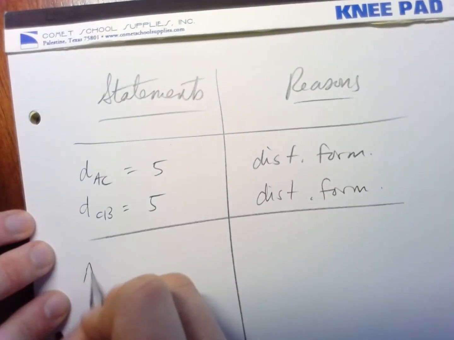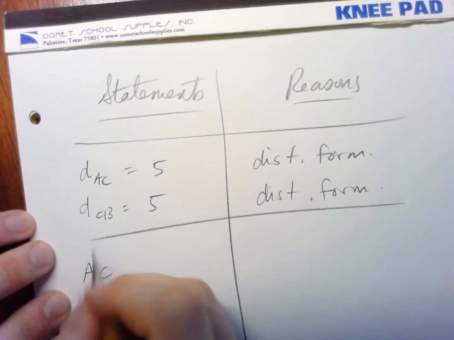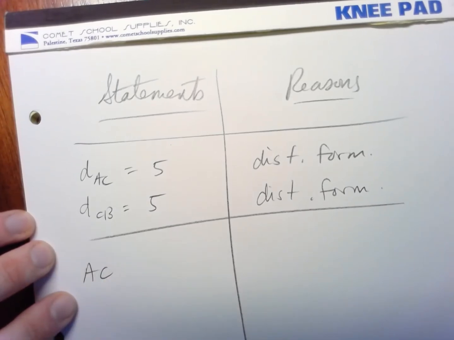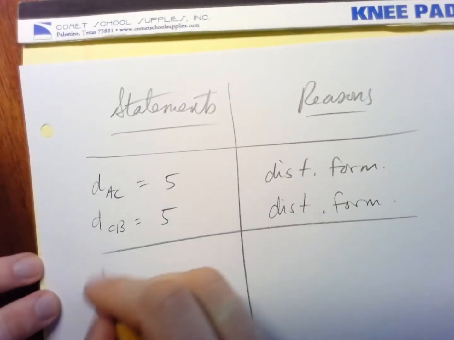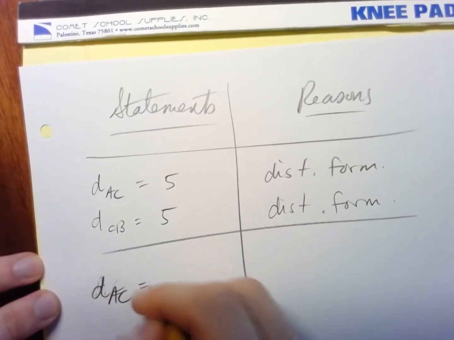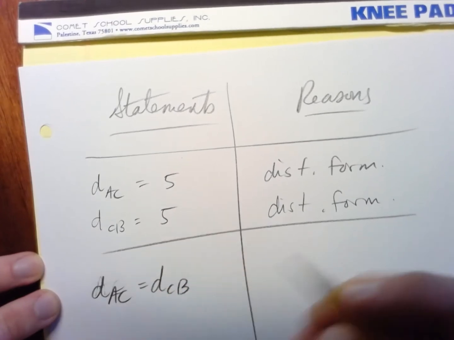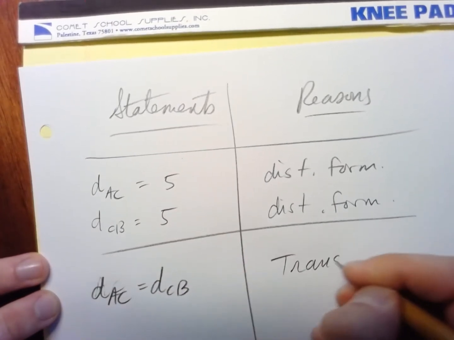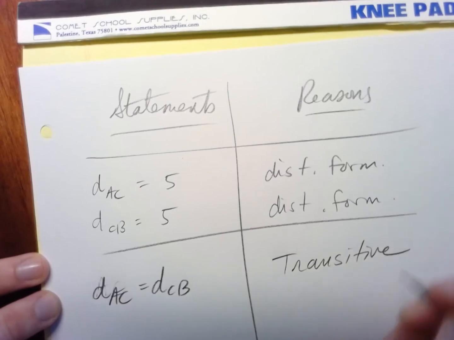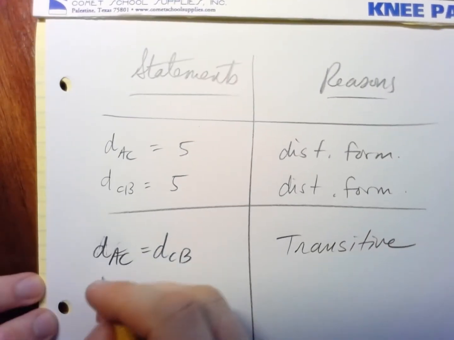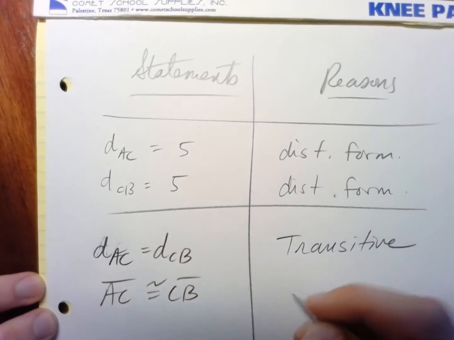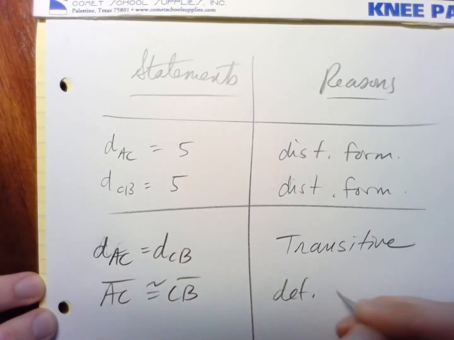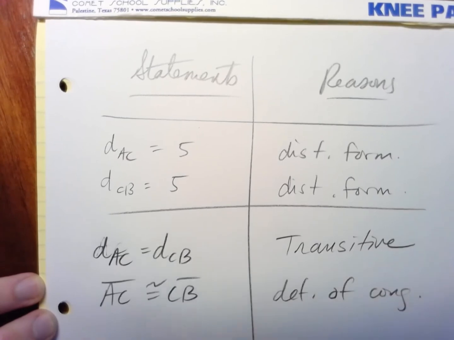So we can say that since they're the same length, the distance of AC equals the distance of CB by transitive, and thus AC is congruent to CB by the definition of congruence.